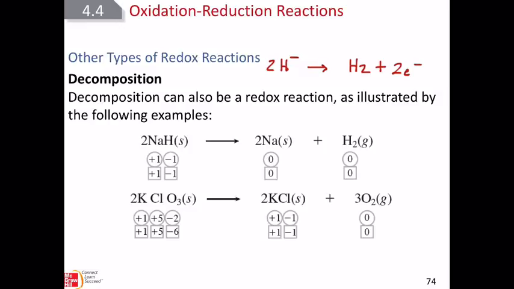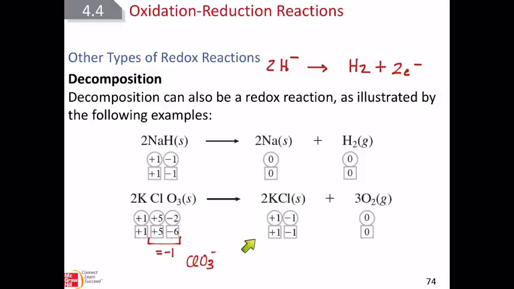Competition between chlorine and oxygen, F, H, O. Fluorine, hydrogen, oxygen. Oxygen gets to be -2. There's 3 of them, so a total of -6. So these 2 boxes have to add up to -1 because the charge on the chlorate ion is -1. So that means that the chlorine is +5.